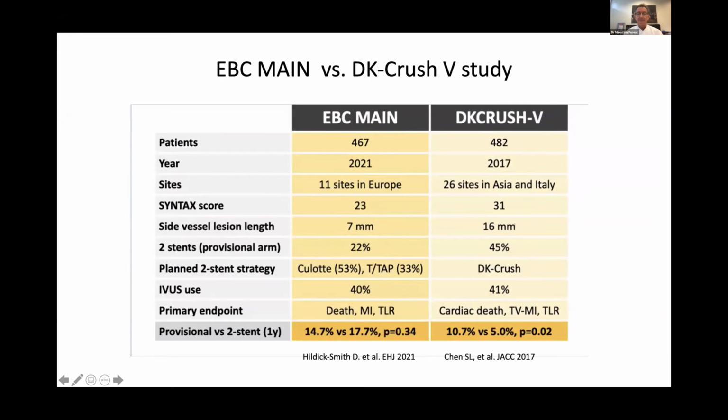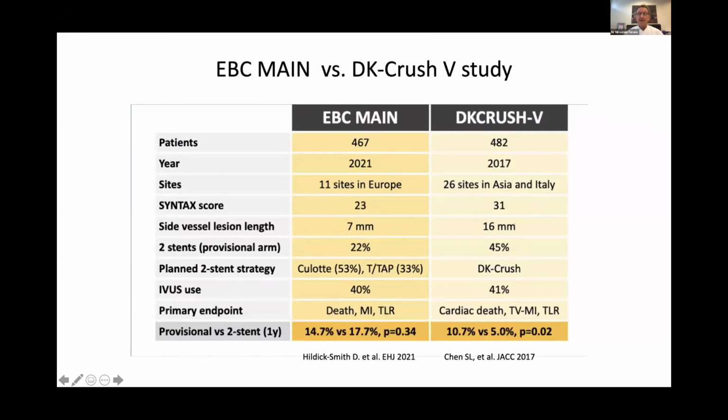And as Professor Scheiben mentioned, the side branch stent length was 7 millimeters versus 16 millimeters. Crossover was 22%, and in DK Crush 5, 45%. I think another interesting point is that despite the recommendation to use imaging in distal left main PCI, only 40% of patients had IVUS-guided PCI.